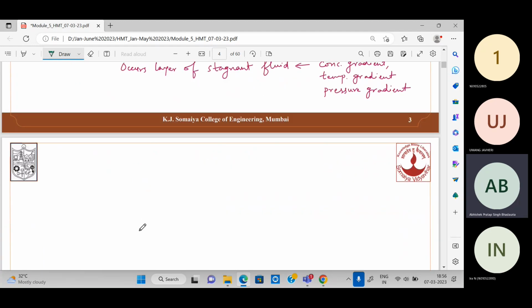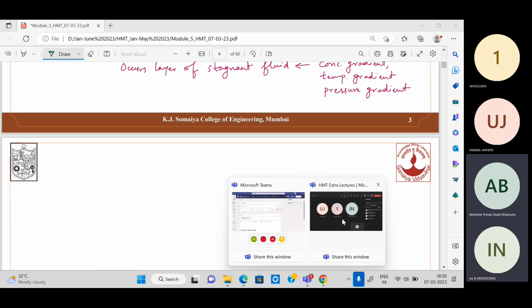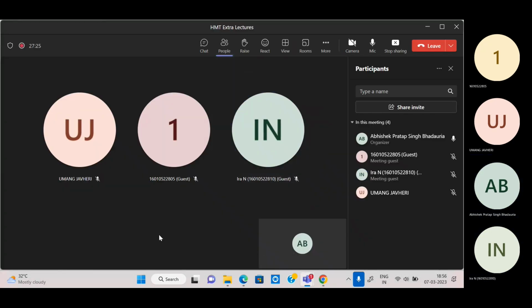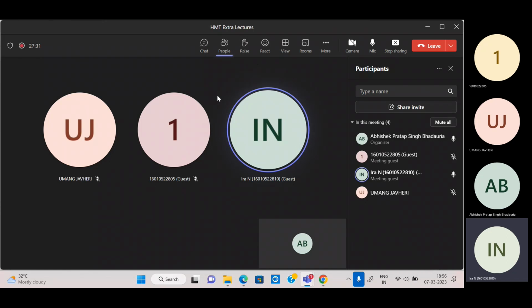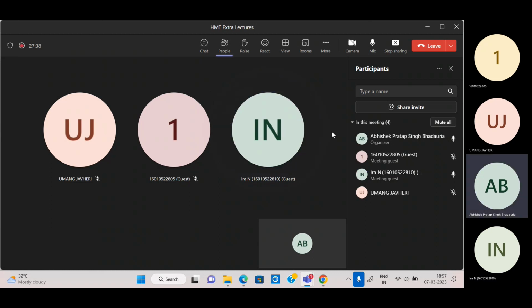Sir, sorry to disturb, but I guess there are some people waiting to enter the lecture. If you can allow them. But there is no one in the lobby. Sir, we got a message saying they're waiting. I can see the participants, so there is no one waiting in the lobby.